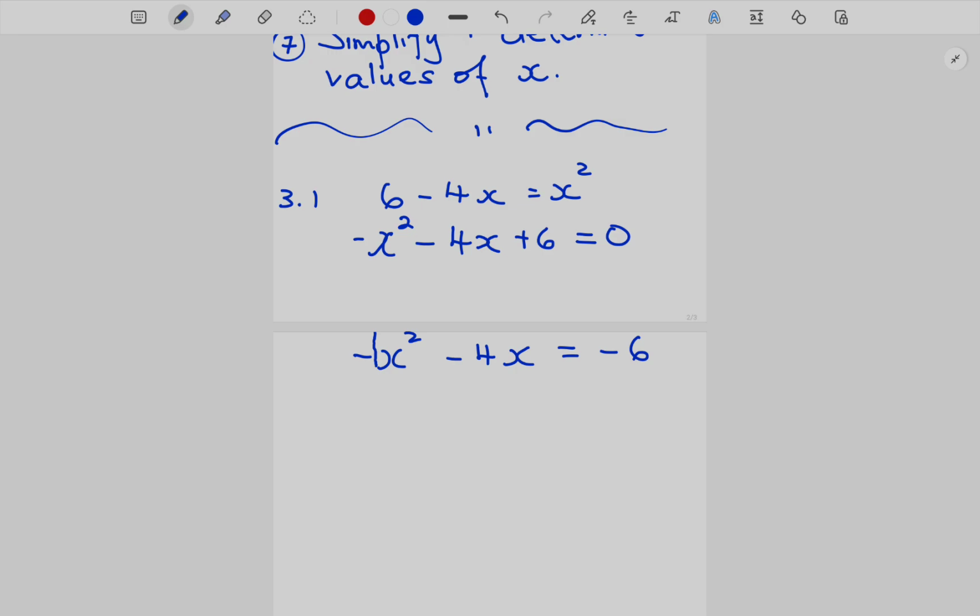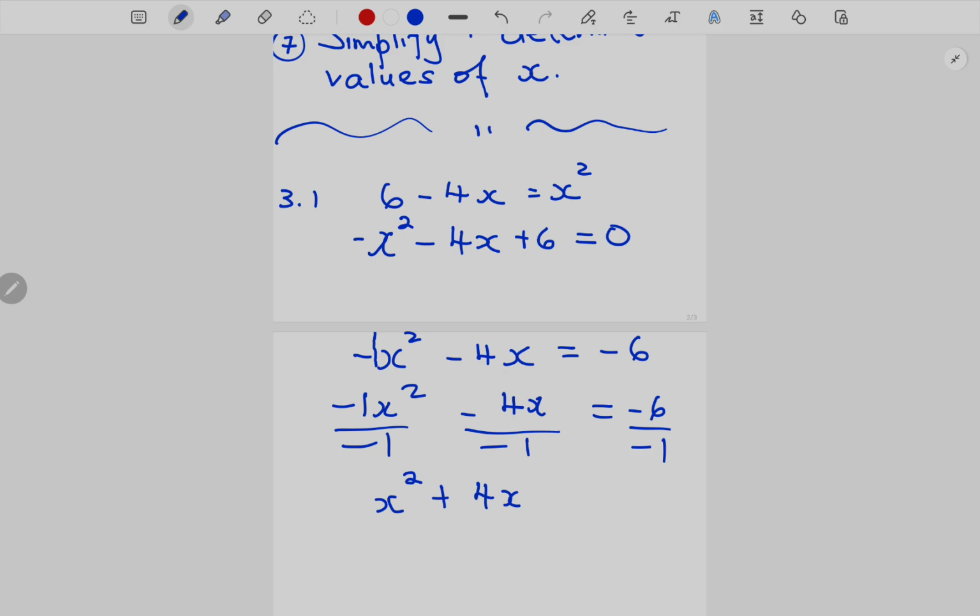So the next step says you must divide each term, that means the left hand side and also the right hand side, by the coefficient of x squared. So in our case, it's going to be negative 1x squared divided by negative 1, minus 4x divided by negative 1, is equal to negative 6 divided by negative 1. So negative 1 divided by negative 1, we are left with positive x squared, and negative 4x divided by negative 1, we are left with positive 4x, which is equal to negative 6 divided by negative 1.